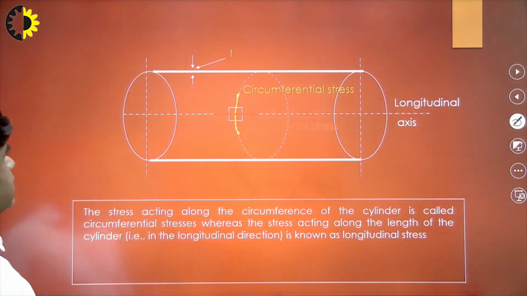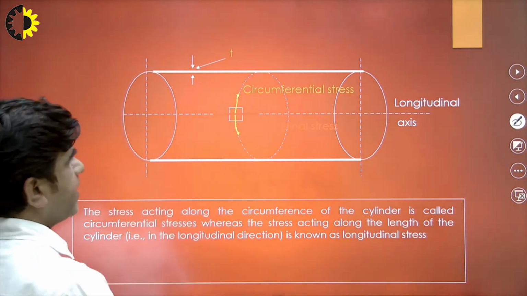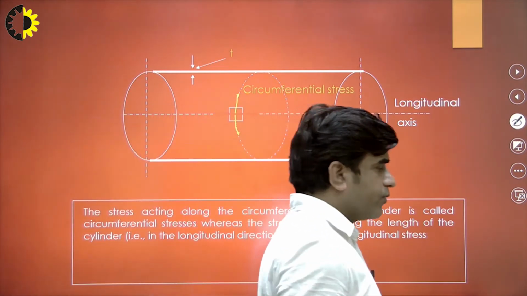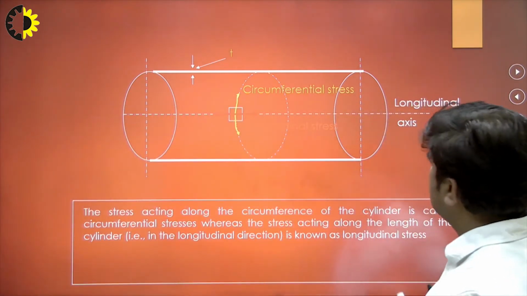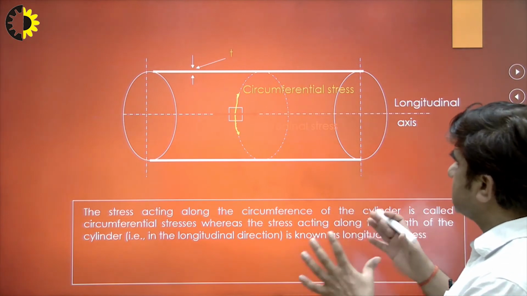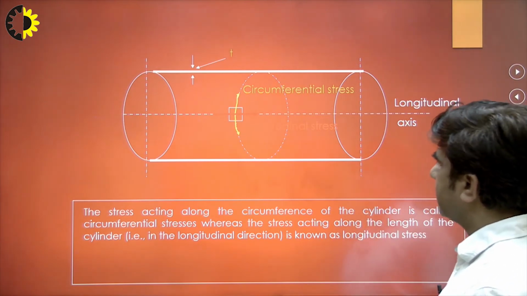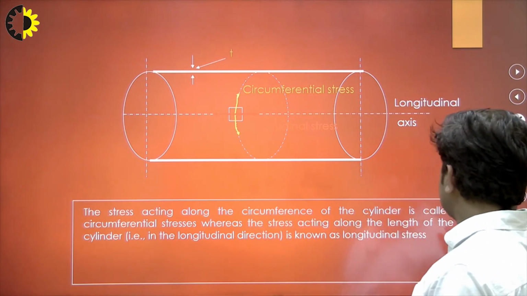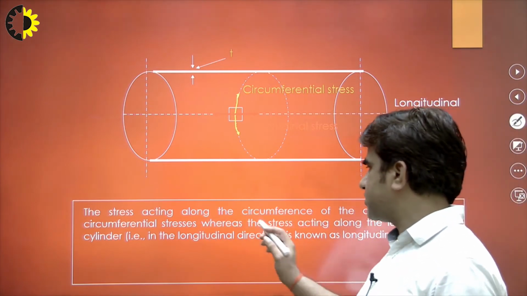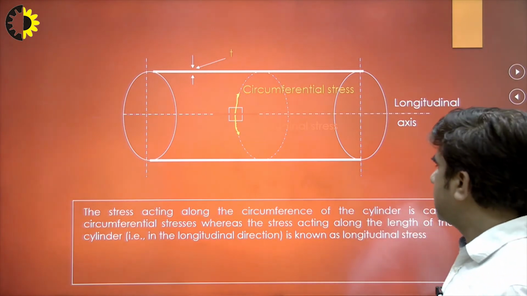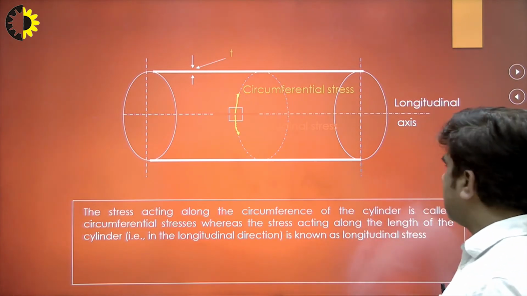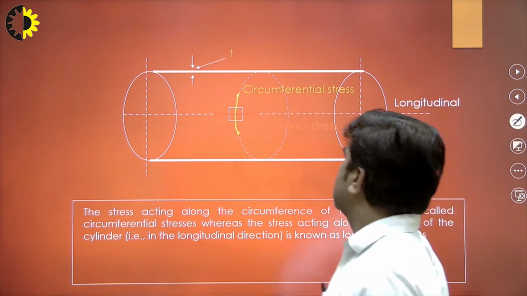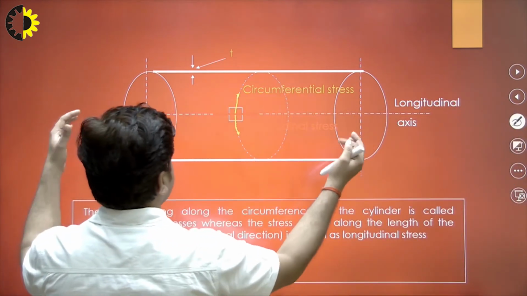Now if it is a hollow cylinder which is filled with the fluid, it means this cylinder is under pressure. The stress acting along the circumference of the cylinder is called circumferential stress, as I told you, and stress acting along the length of the cylinder is known as longitudinal stress.